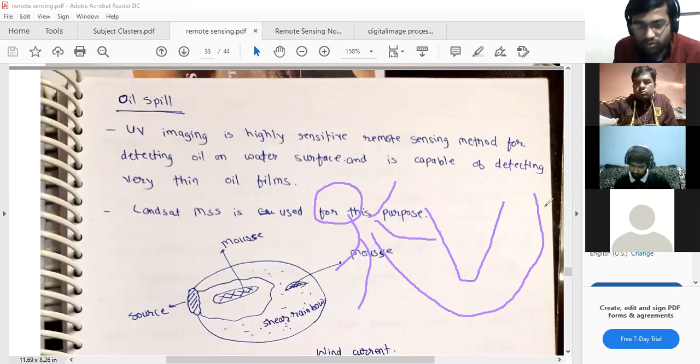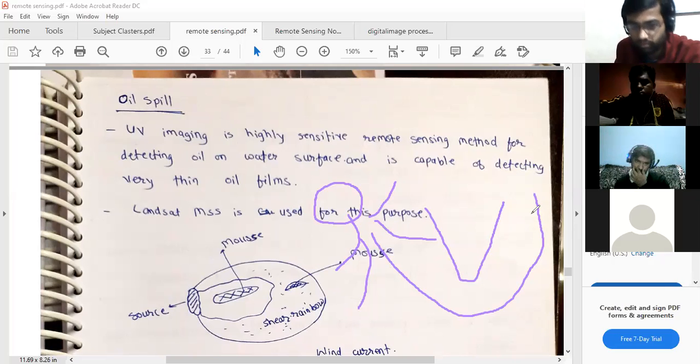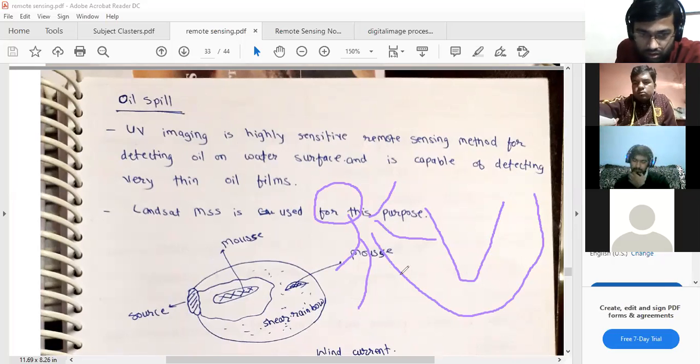So this is the main territory. Because of the movement of petroleum ships here, many leakages happen, and some ships catch fire. You know that because of the low density of oil, oil floats on water.